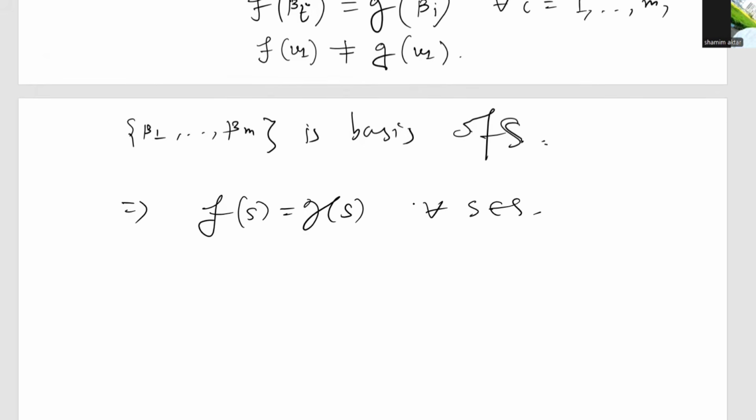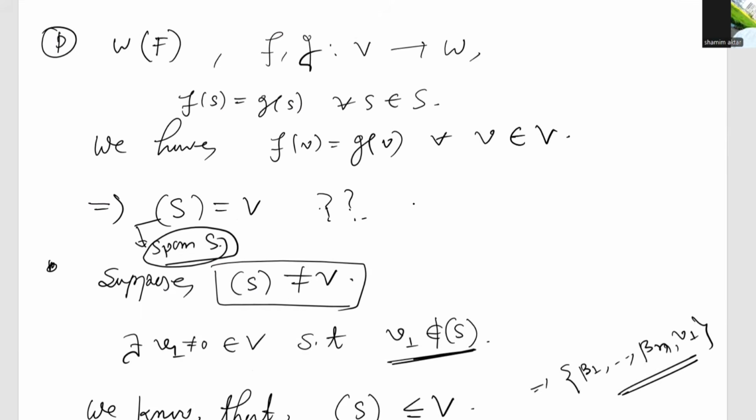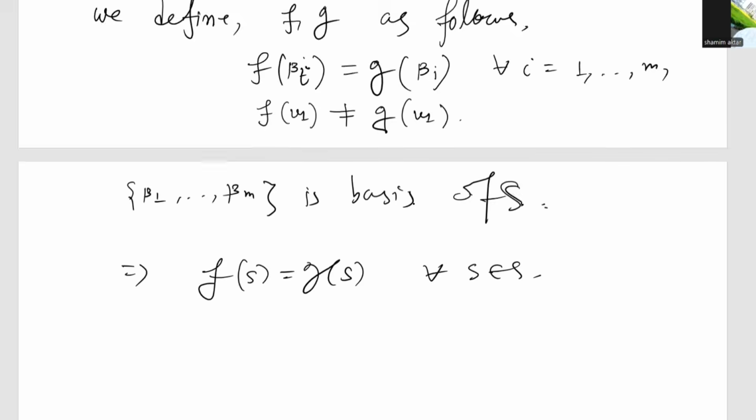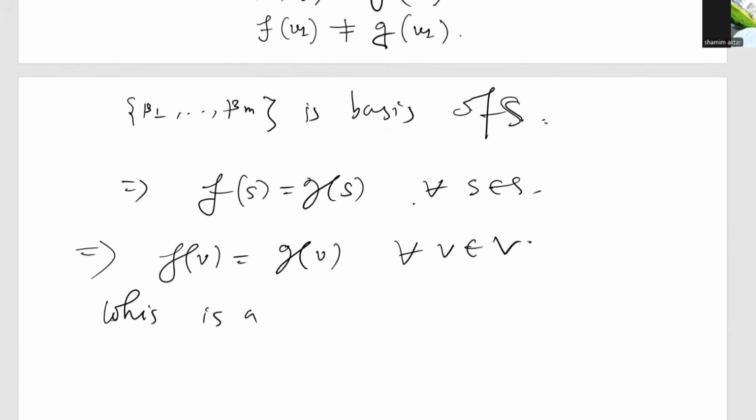Now from the above given condition we have f of v equal to g of v for all v belongs to V, which is a contradiction.